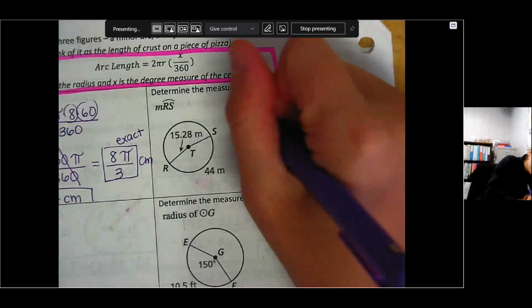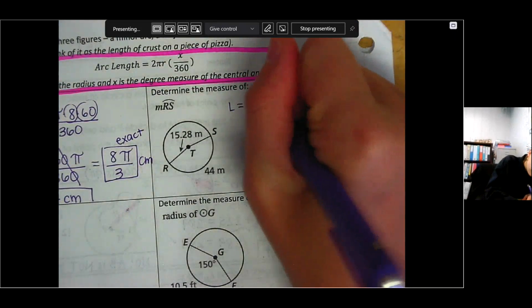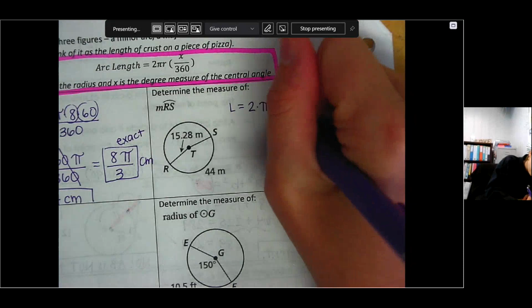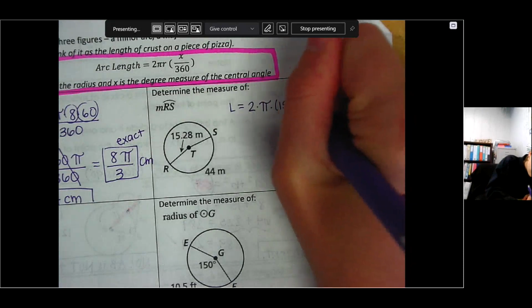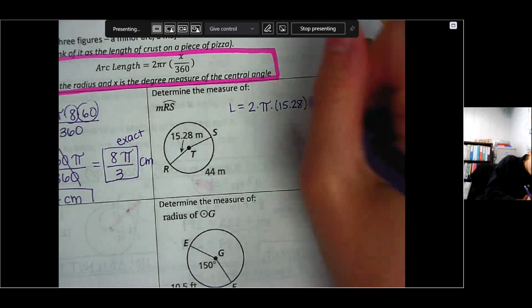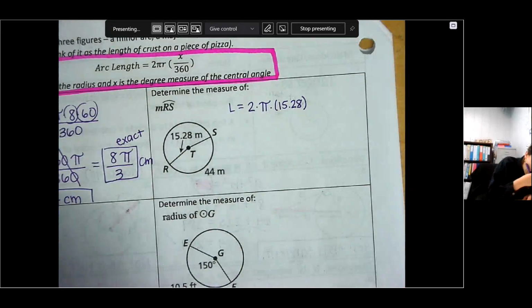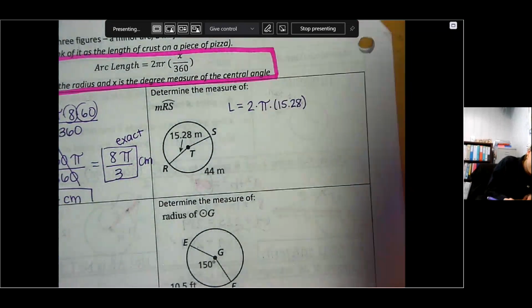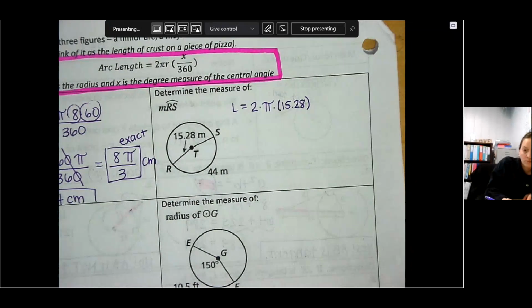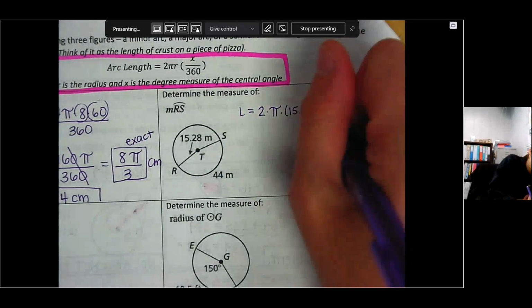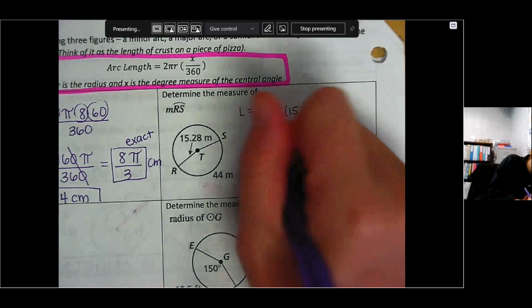And when you do an exact, reduce it as small as you can. I should have done one again.